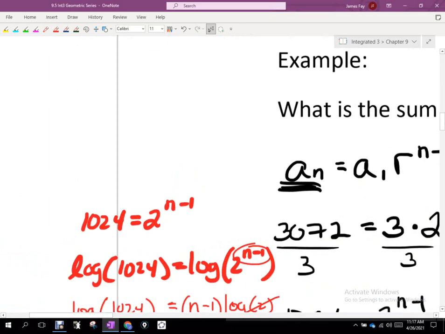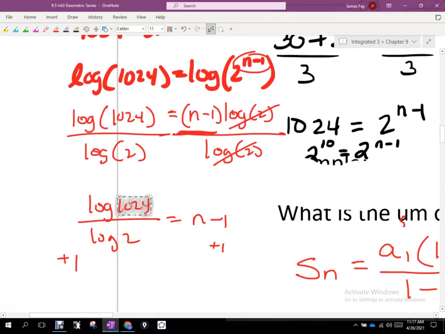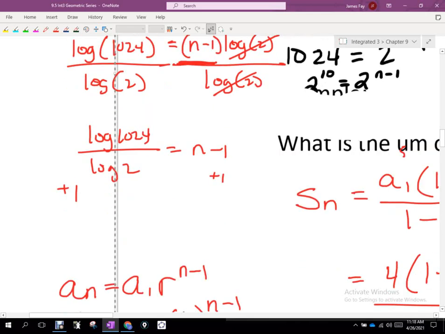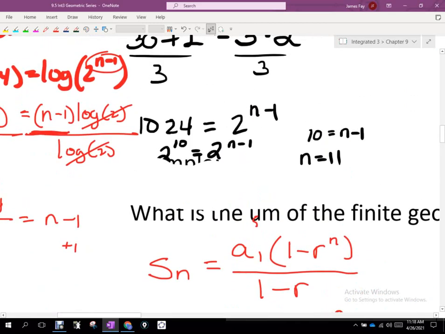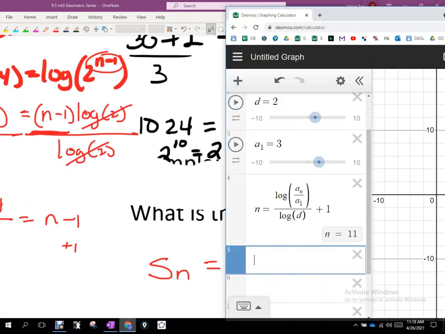If we divide those, that's how we get 1024. Okay? This number was the common ratio. Okay, so in this case 2. If I add 1 to that, it tells me n. And we found on Thursday that in that particular problem, n was 11. So if I look at the way I've coded this, does that give us n equals 11?